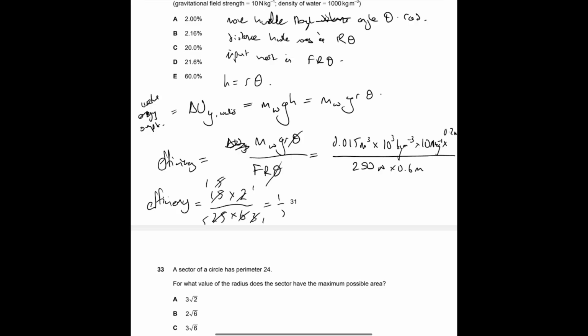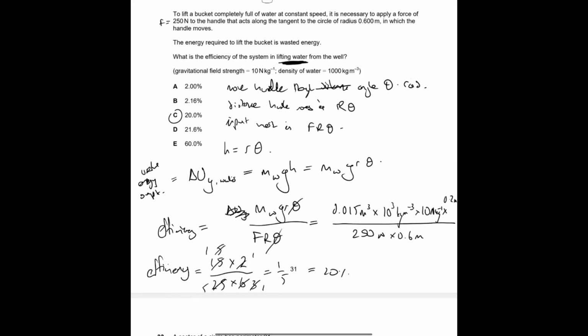So efficiency is 1 over 5, which is 20%, to 3 SF. Okay.